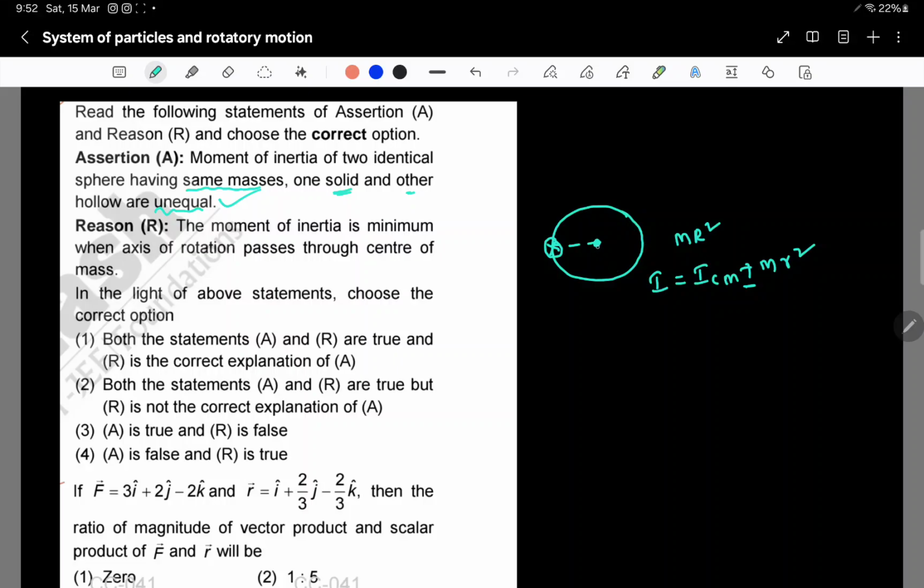Wherever you consider, moment of inertia is more; at the center it is minimum. So moment of inertia is minimum when the axis of rotation passes through its center. Exactly correct, students. So both statements are correct, but there is no relation. Both assertion and reason are correct, but the reason is not the correct explanation of the assertion. Second option is correct. Clear? Moment of inertia, mass is same only, but solid and hollow are unequal.